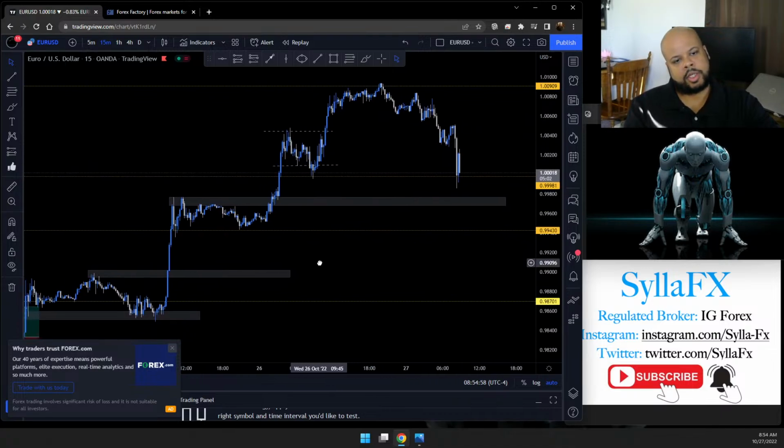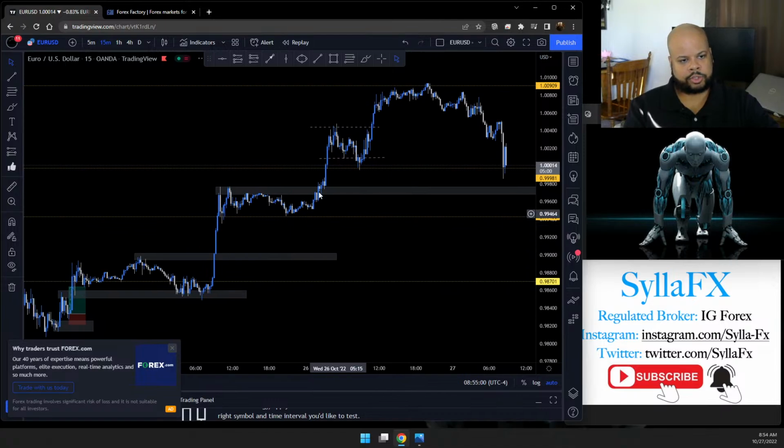So yesterday I was watching this movement here. Actually, I believe it was this movement here. I didn't take any trades yesterday because I didn't see a setup that fits into my trading strategy. But over the last couple of days we definitely have an uptrend that's pretty steady, and that's why we're looking for buy positions at this point.